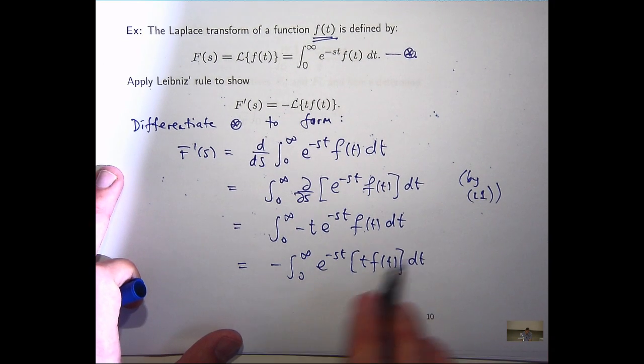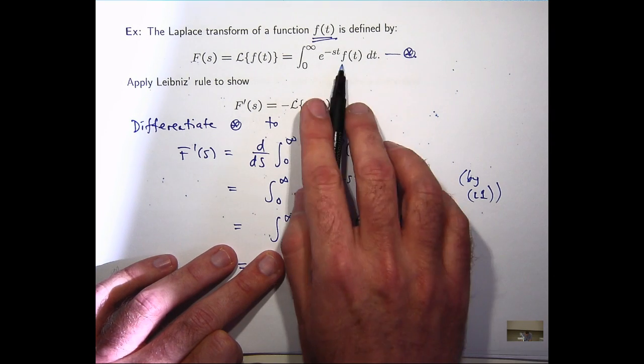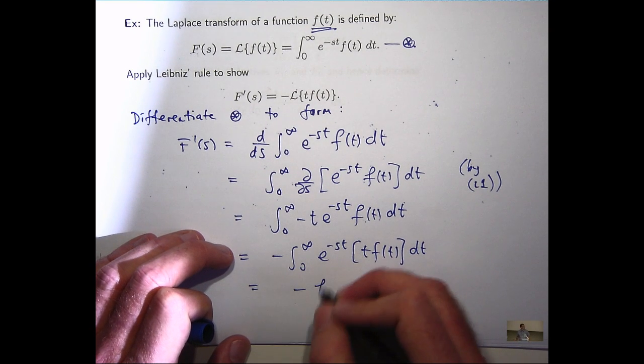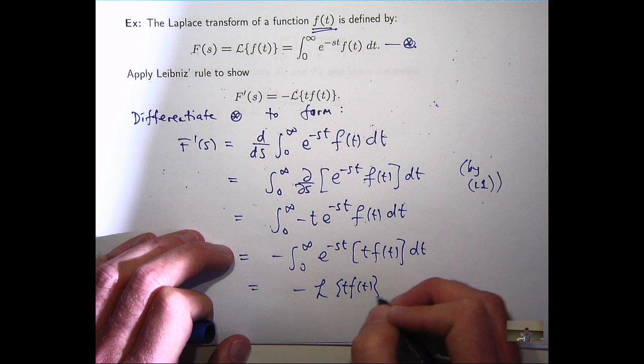And look, if I cover that up, this and this are the same, except instead of f of t, you've got t times f of t. So that is just the Laplace transform of t times f of t.